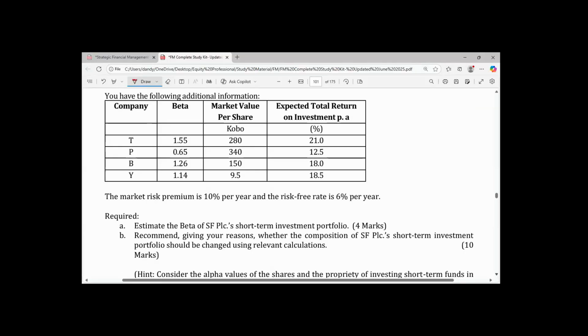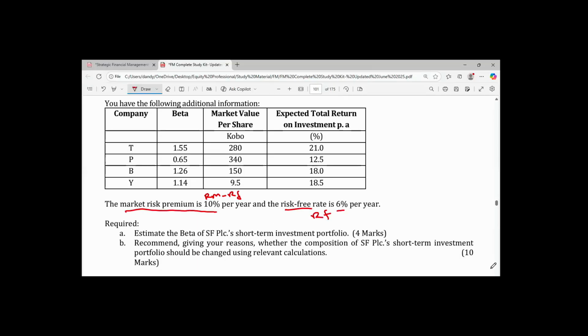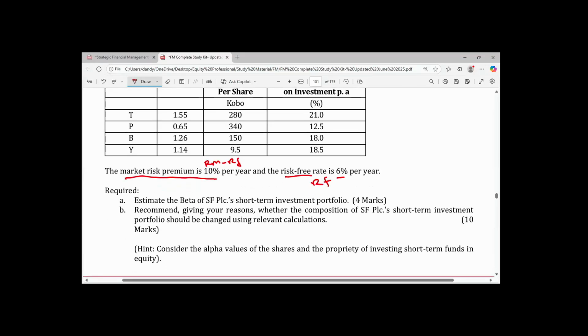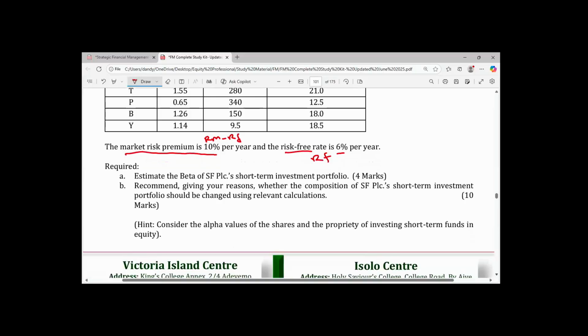The market risk premium is 10% per year, and the risk-free rate is 6% per year. Required A, estimate the beta of SFPLC's short-term investment portfolio. B, recommend, giving your reasons, whether the composition of SFPLC's short-term investment portfolio should be changed using relevant calculations.